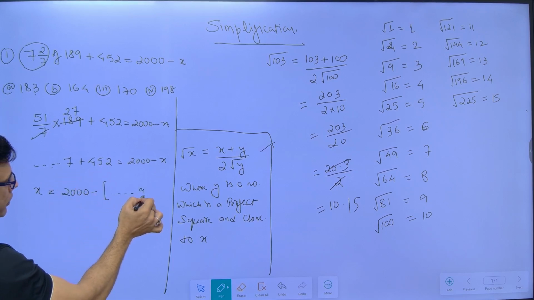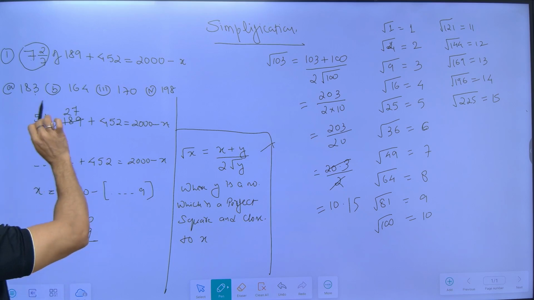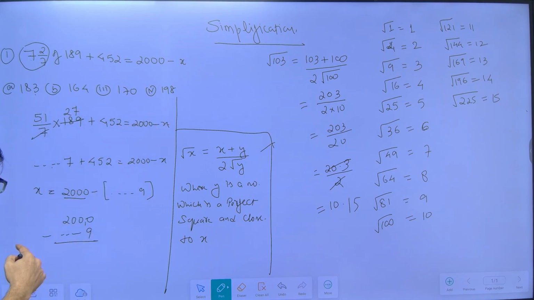Whatever the summation of these two, last digit will be what? 9. So now when you subtract 2000 minus something, the last digit is 9, you take one carry forward. 10 minus 9 is 1. Is there any option we have 1 in the end? No. So answer is none of these. Fifth option. Understood? So you don't have to calculate everything here.